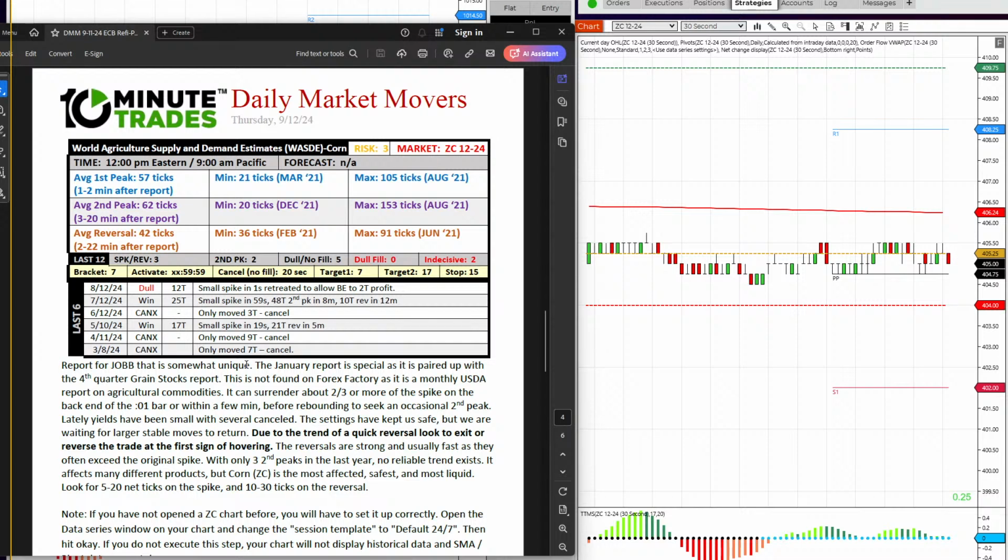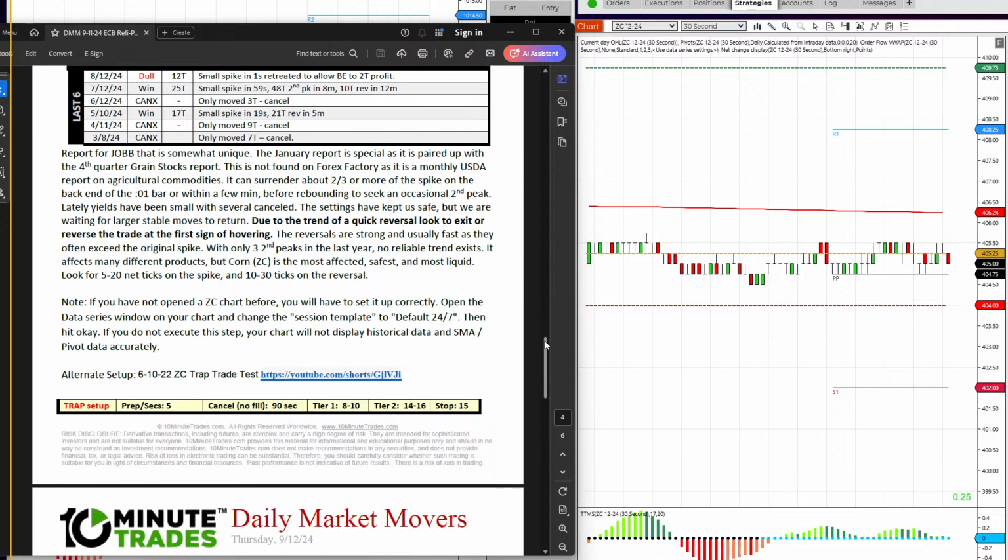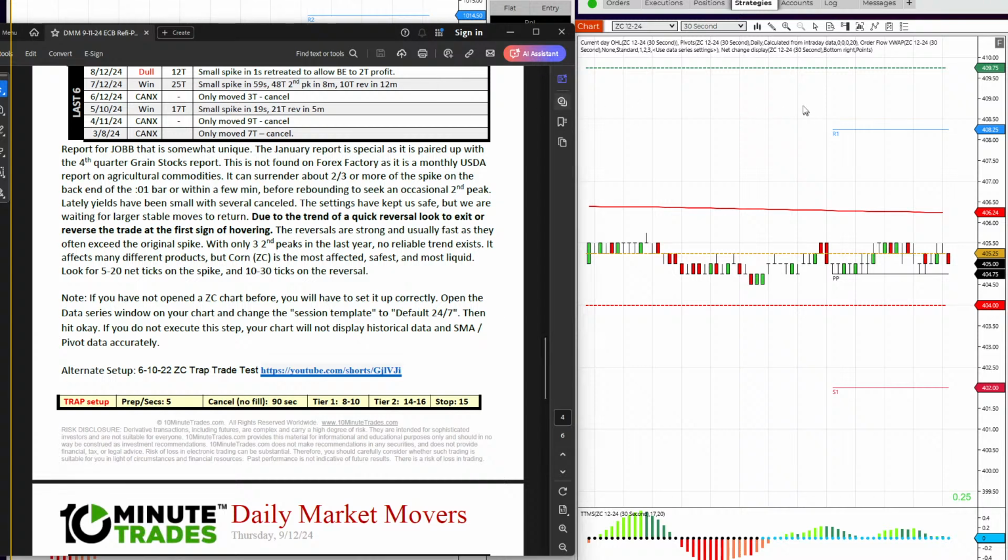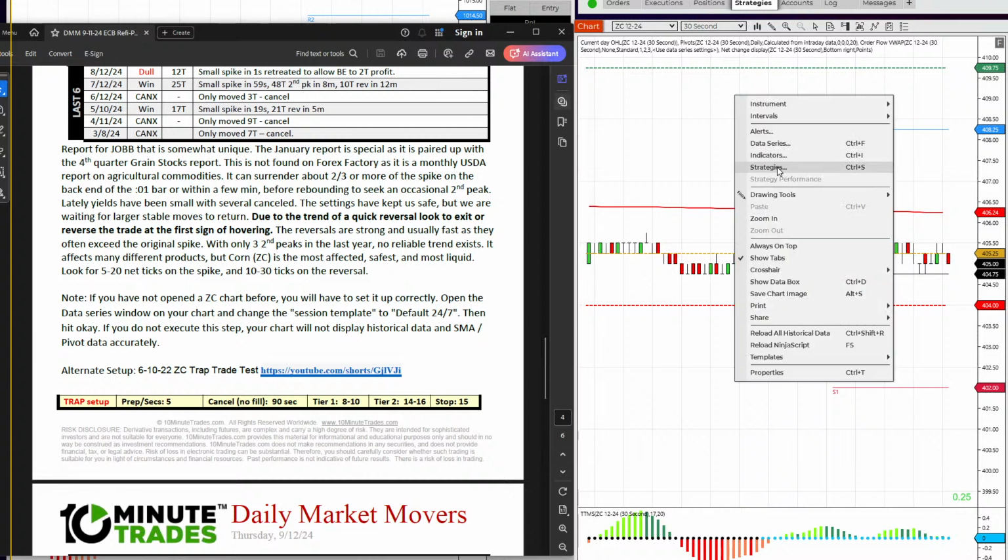And then it had three cancels: June, April, and March. Corn has been rather slow, but we are seeing a little bit of life in corn. I'm interested in trading it as a trap trade. That's how I'm interested in corn, and that's how I'm going to trade it.